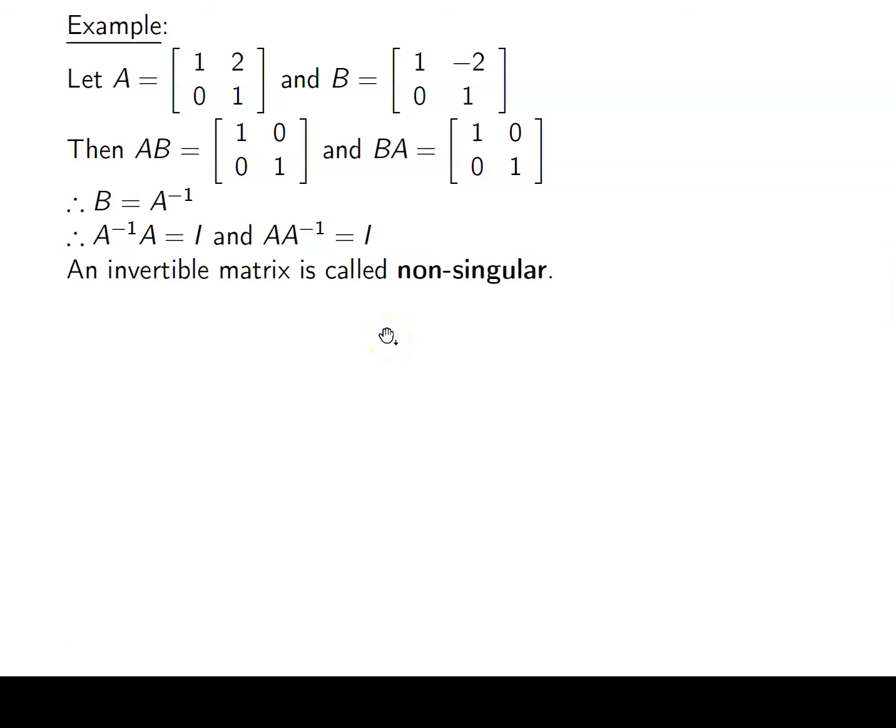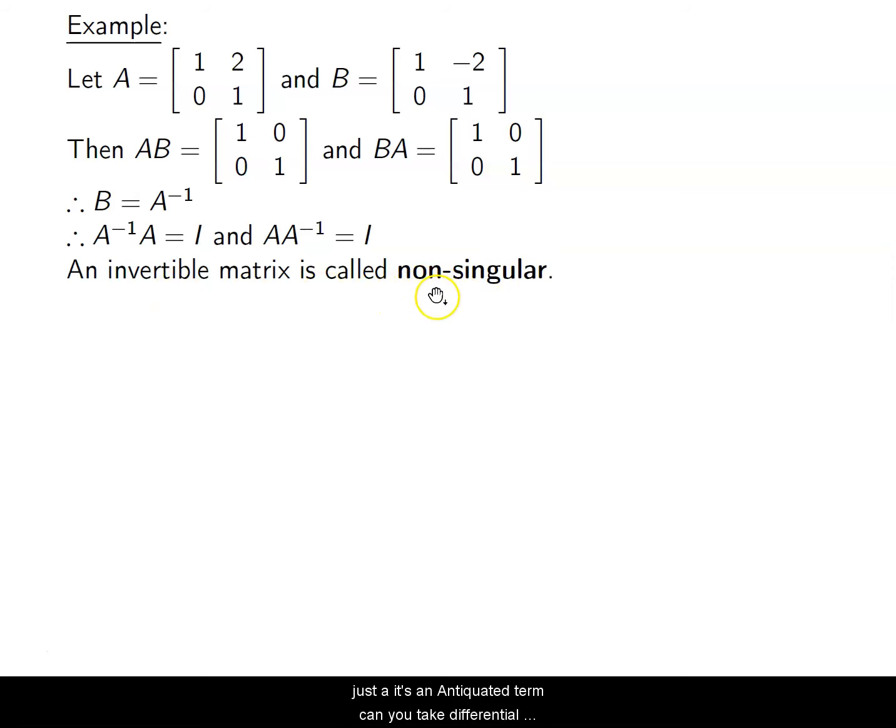So an invertible matrix is called non-singular. Now this is generally confusing, because you would think an invertible matrix would be called singular because it's unique, etc. It is not talking about the number of matrices here. It's just an antiquated term.